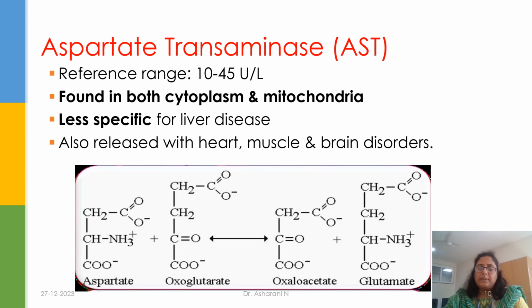Again, some laboratories will also give gender-specific transaminase levels. This aspartate transaminase enzyme catalyzes the conversion of aspartate to oxaloacetate, where a new amino acid, that is glutamate, is formed once alpha ketoglutarate receives the amino group.